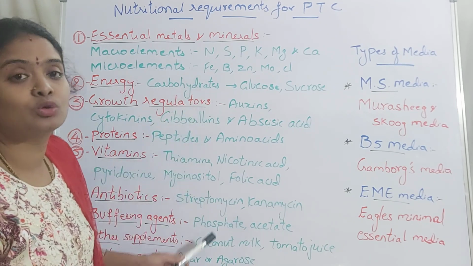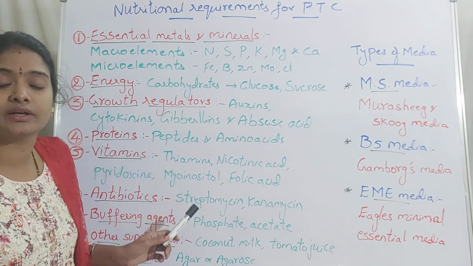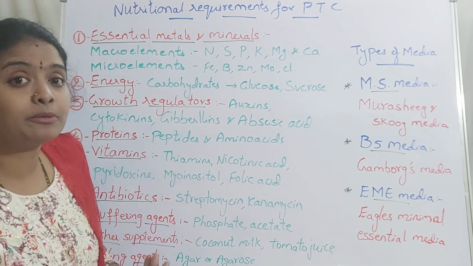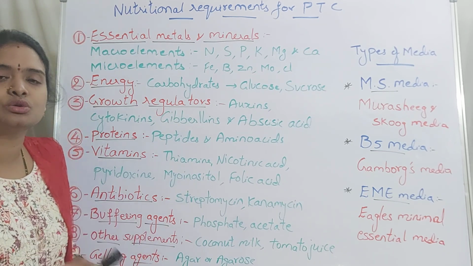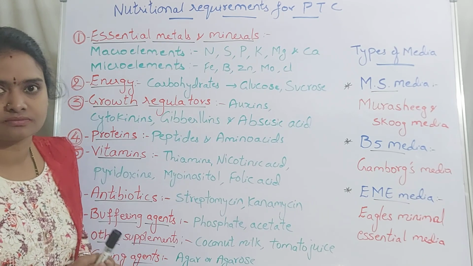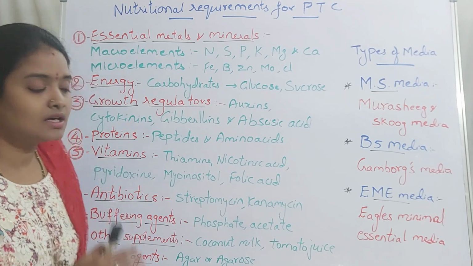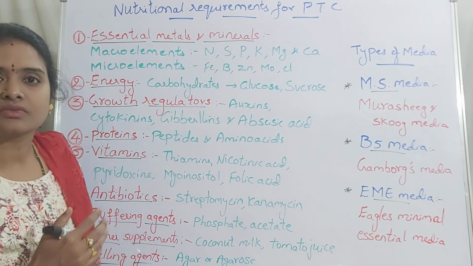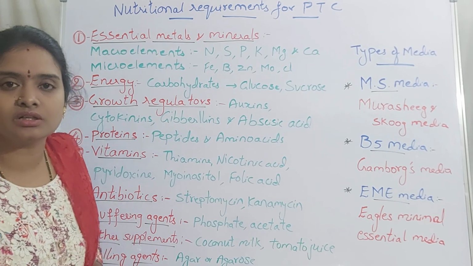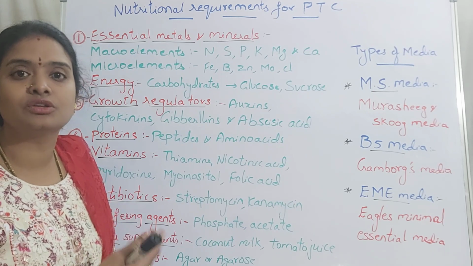After they get cool, let them get cool, then only you are going to add your heat labile compounds, right? There may be contamination due to the heat labile compounds, that is heat sensitive compounds. What do you mean by heat sensitive compounds? That means these compounds consist of certain proteins which may get denatured due to high temperatures, denatured due to heat.